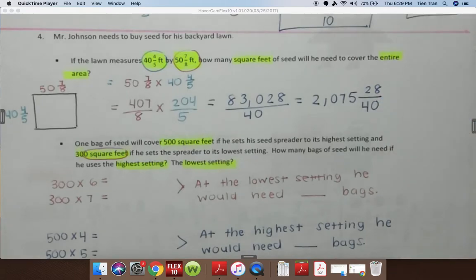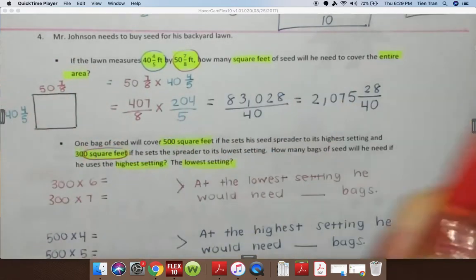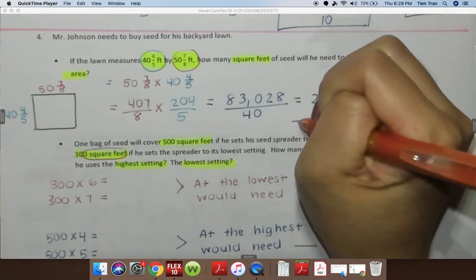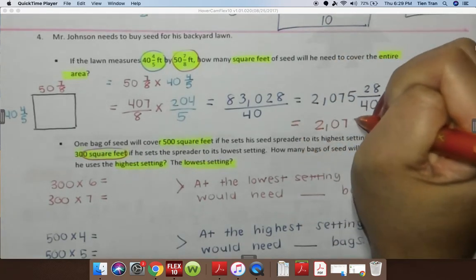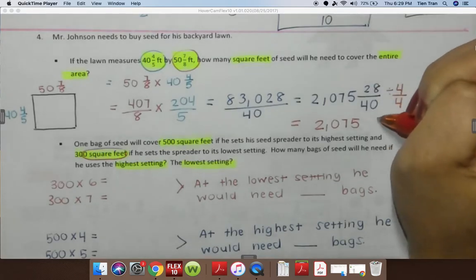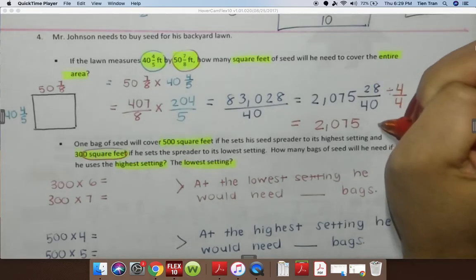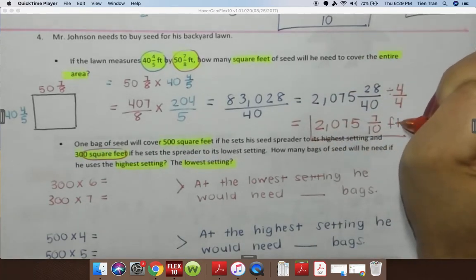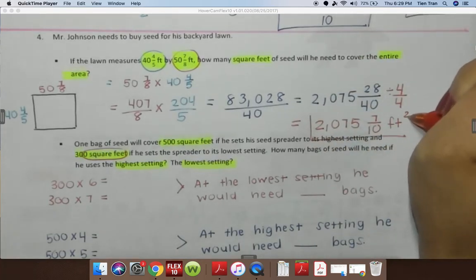I can divide the top and bottom number by 4. So my final answer is 28 divided by 4 is equal to 7, and 40 divided by 4 is equal to 10. And this is in feet squared.